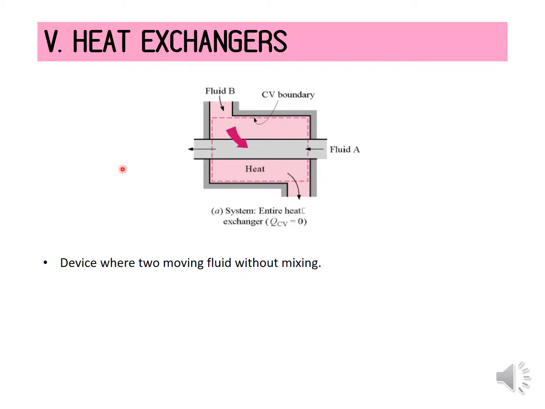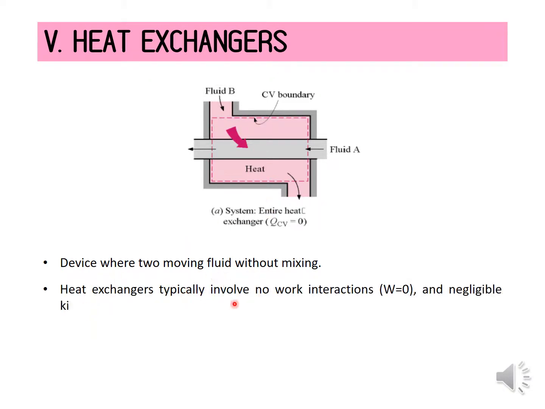Heat exchangers. A heat exchanger is a device where two fluids move without mixing. Heat exchangers typically involve no work interaction and negligible kinetic and potential energy for each fluid stream.